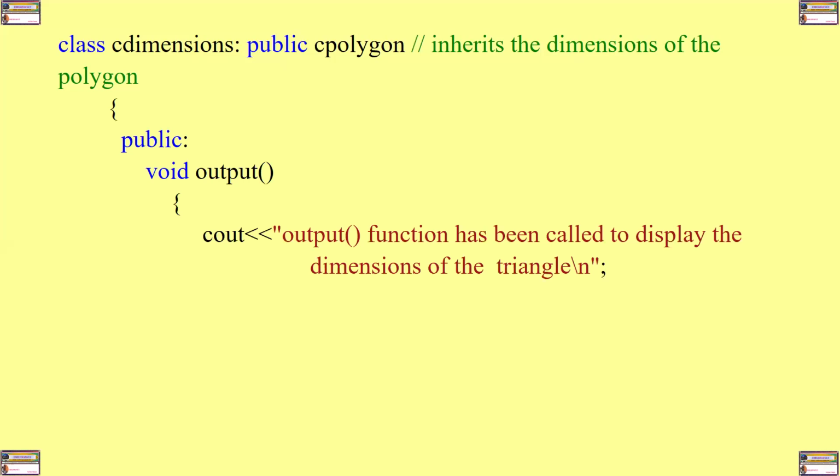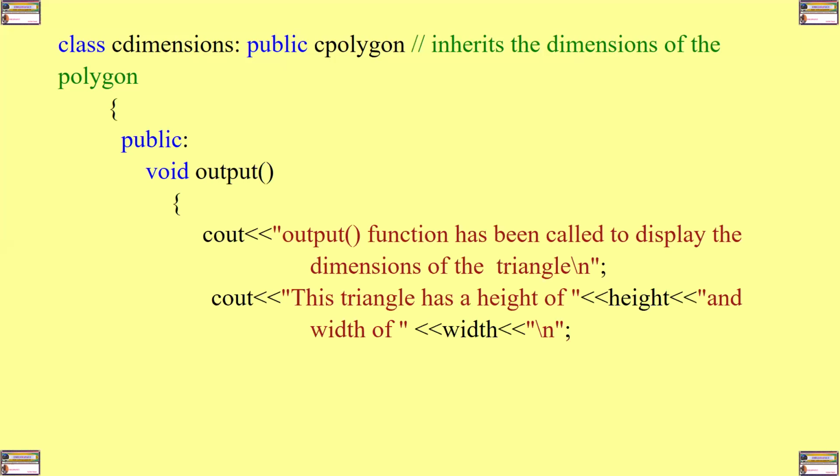Now this member, once executed, will display the statement: output function has been called to display the dimensions of the triangle. And then it will display the height and width values that it has inherited from the CPolygon class. And that's what that method will do.